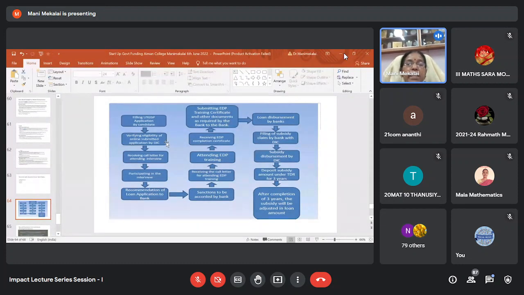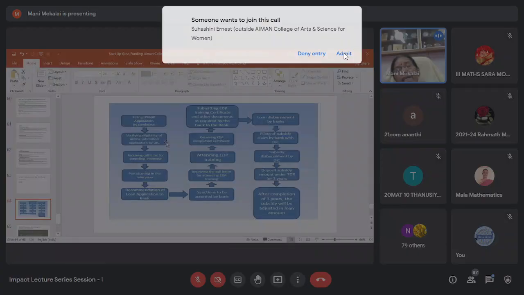The process is: filling the UYEGP application by candidates, and verification of eligibility of the online submitted application by the District Industries Centre. Once you submit the application online, it goes to the District Industries Centre, and they will send you a call letter. Sometimes it takes time because they have to wait for a sufficient number of applicants, and therefore the EDP may not be conducted immediately.